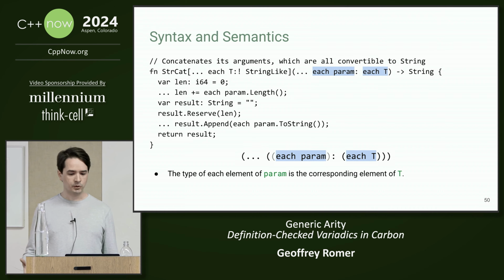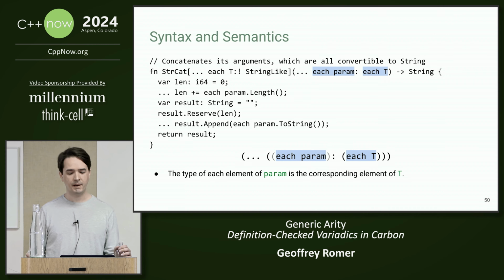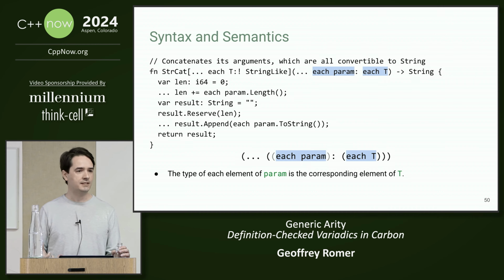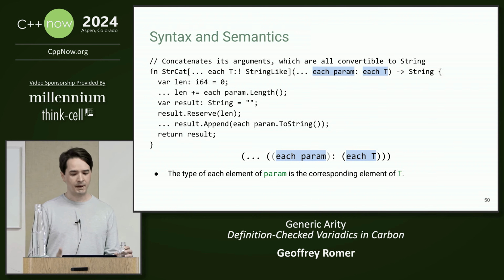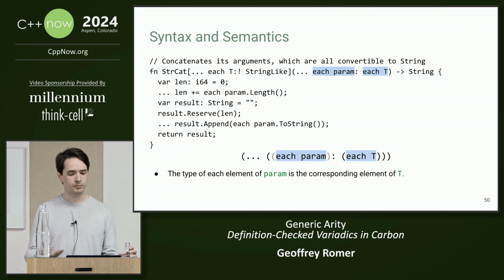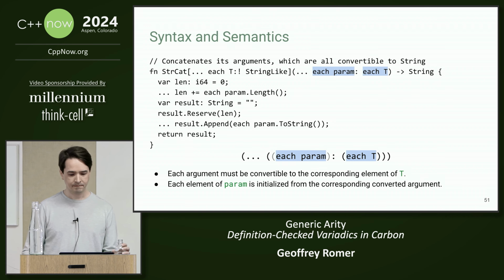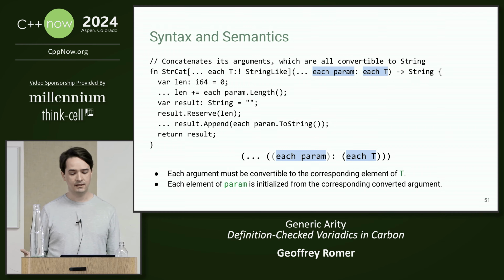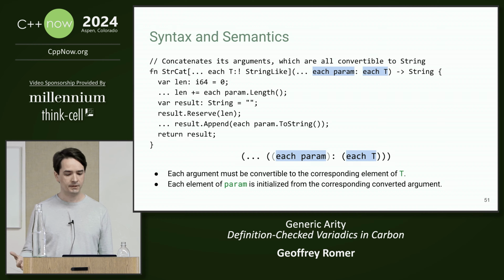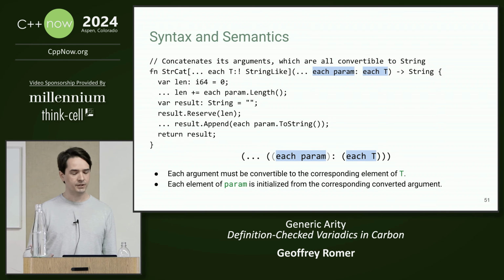So putting those together, we're declaring an element of param, and we're saying that its type is given by an element of T. And since pack expansions iterate simultaneously, as a declaration, this binding pattern is saying that the type of each element of param is the corresponding element of T. And as a pattern, this binding pattern is matching a value that's convertible to each T and initializes the name with the converted value.